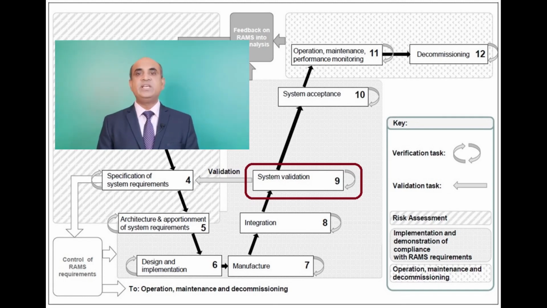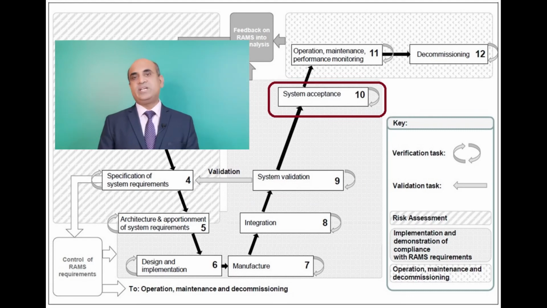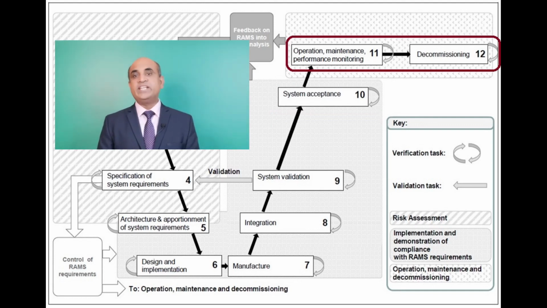And the next phase is system acceptance. At this phase, assessment of the compliance of the total combination of subsystems, components and their interfaces against the RAMS requirements is carried out. Okay, the next phase is O&M, operations and maintenance, and the last phase is decommissioning.